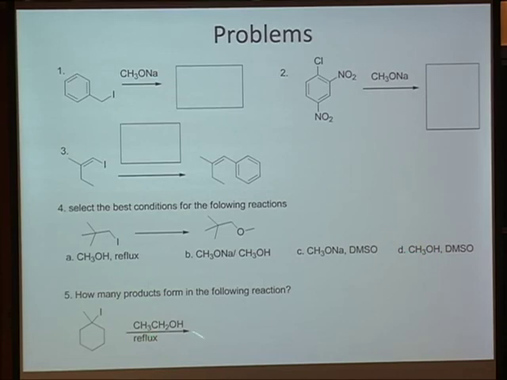Okay, now question number 5. How many products do you get from this reaction? Let's see. This condition is what? SN1, SN2, first order? First order. First order means both SN1 and E1 happen, right? Yes. Good.